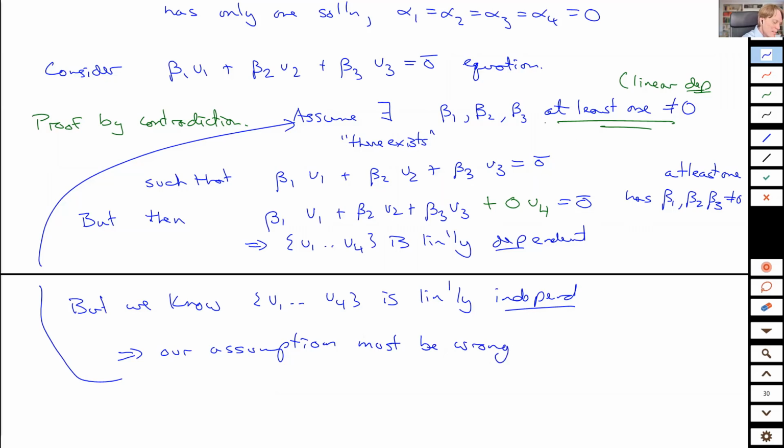Our assumption was that we had a linearly dependent smaller set. The only way to be wrong from that is to be the other kind of set, which is linearly independent, which means V1 to V3 must also be linearly independent.